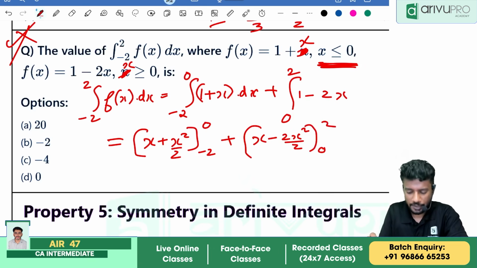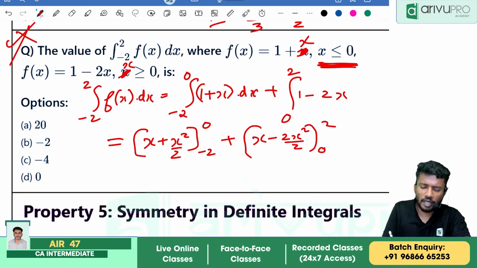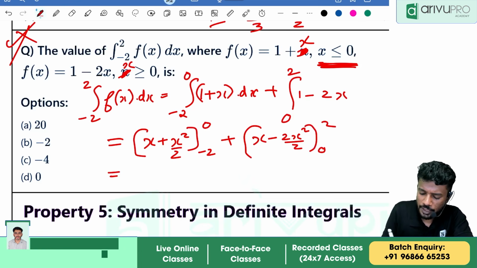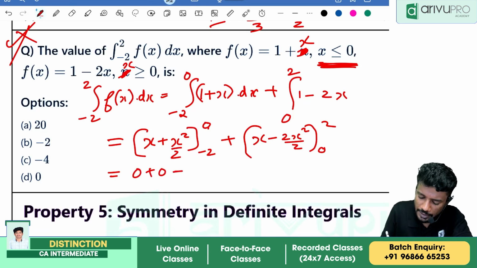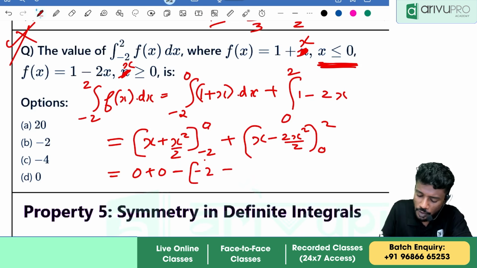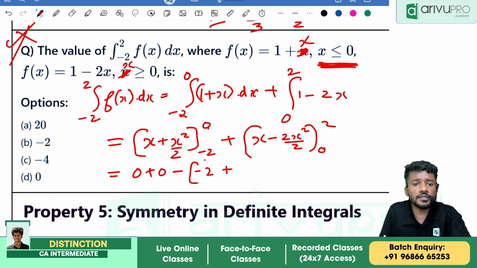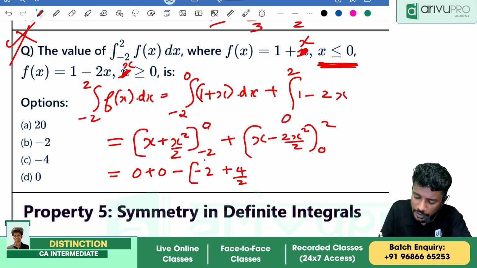Apply the limit. How much are you getting now? Applying the upper limit gives 0 plus 0. Then minus of minus 2 plus (minus 2)^2/2, which is 4 divided by 2.